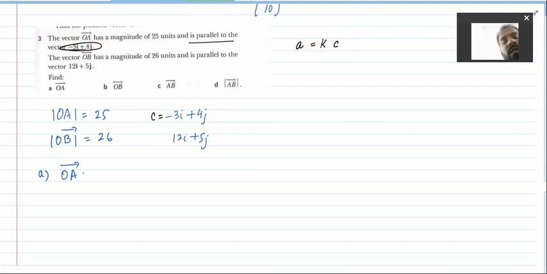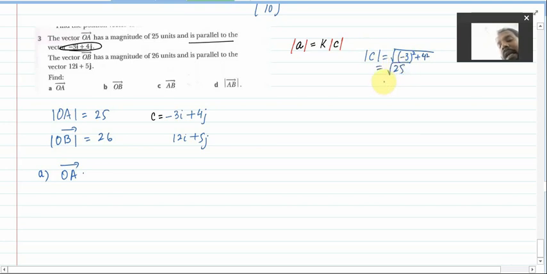Since the magnitude is given, we are going to apply the condition of magnitude. The magnitude of c we can find by applying the working formula, square root of (-3) squared plus 4 squared. 3 squared is 9, 4 squared is 16, 16 plus 9 is 25, and the square root of 25 is 5. So we have the magnitude of c and we have the magnitude of a as well.